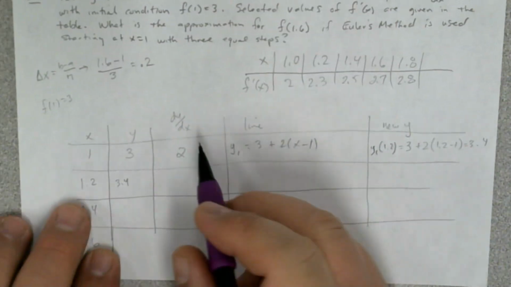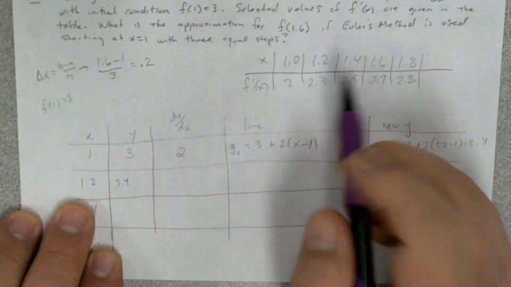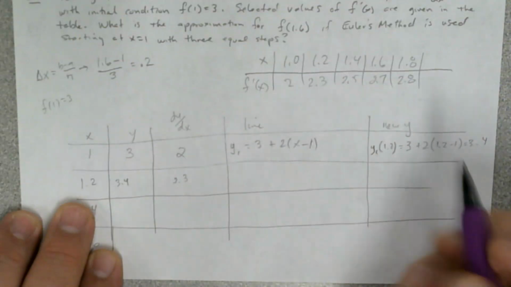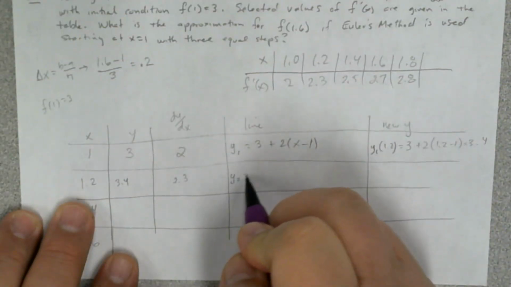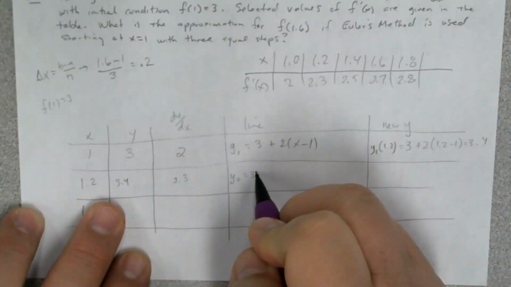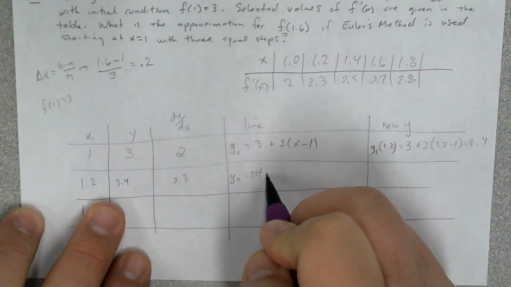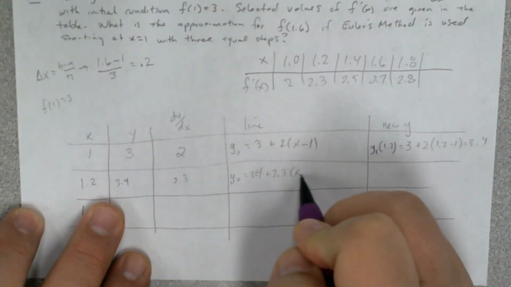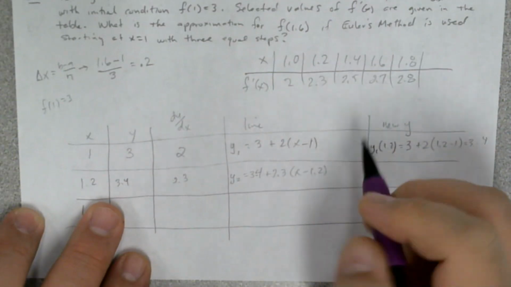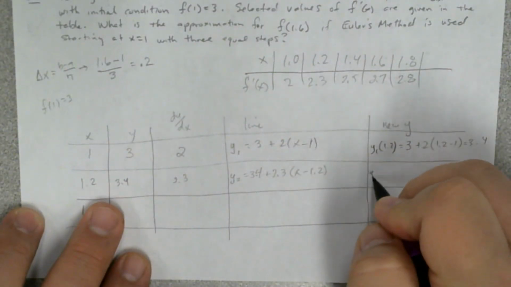What is the derivative at 1.2? At 1.2, it's 2.3. And so y2 is going to be the y value, 3.4, plus 2.3 times x minus 1.2, and then plug in the next value.